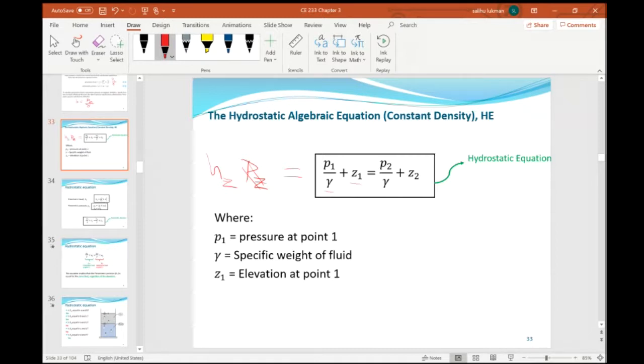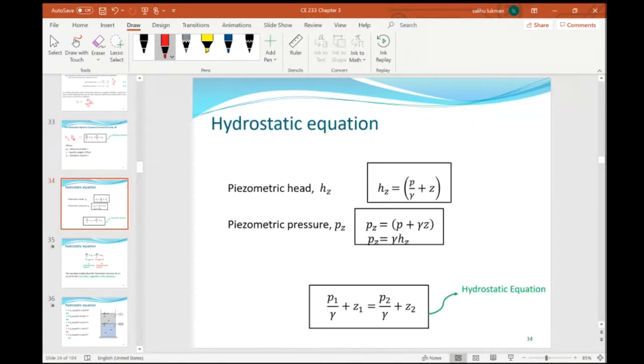Because this is in the form of head, the piezometric pressure will be P1 plus gamma Z1. So this is the piezometric pressure, Pz.